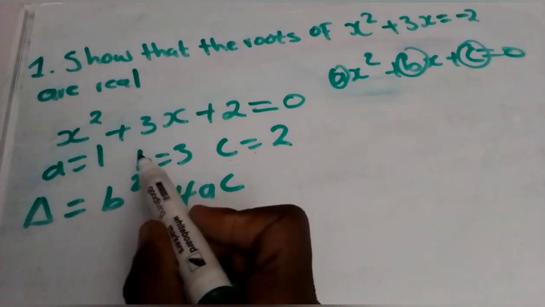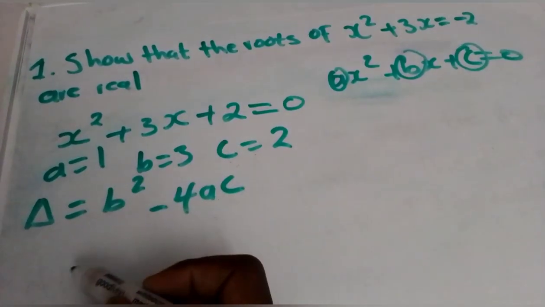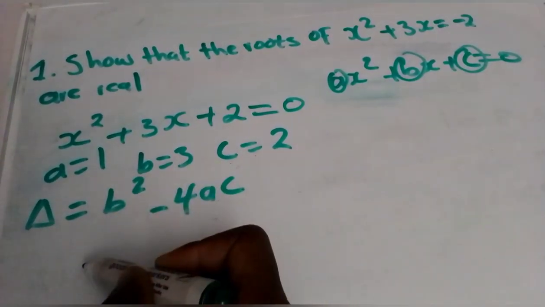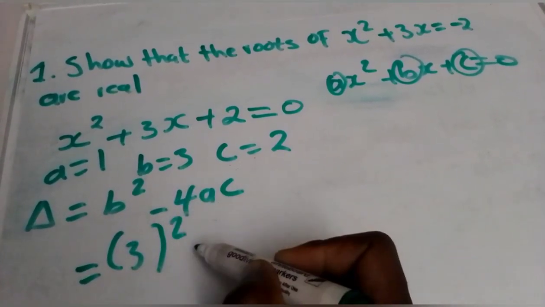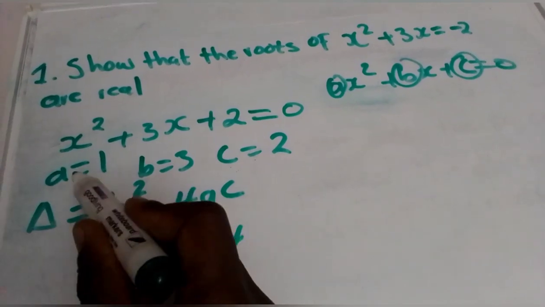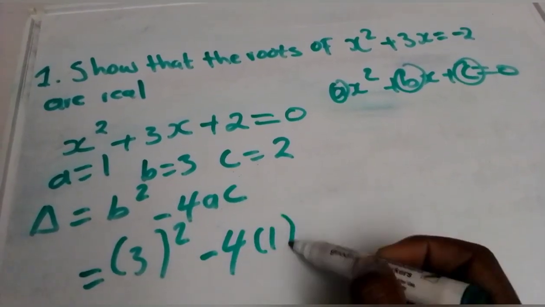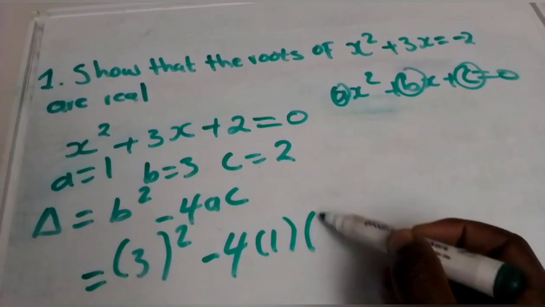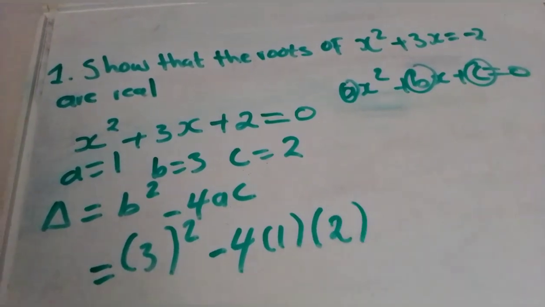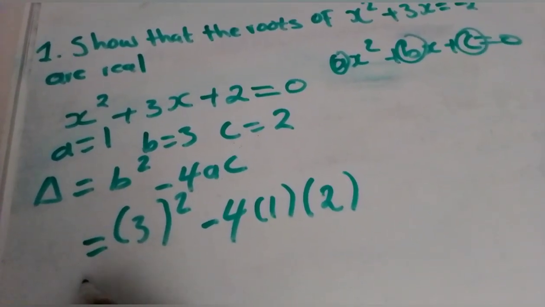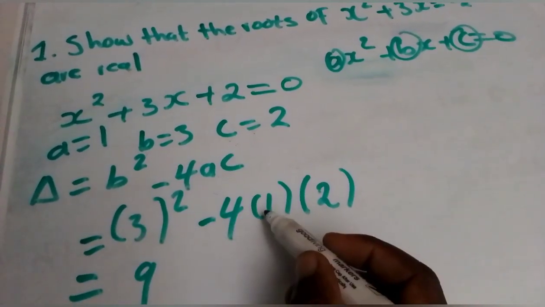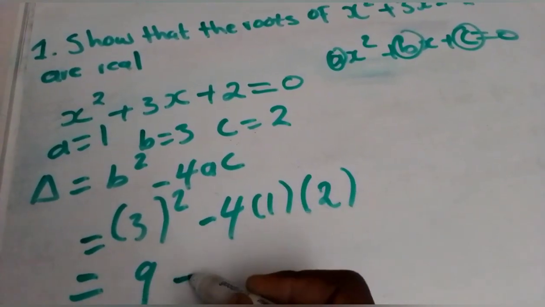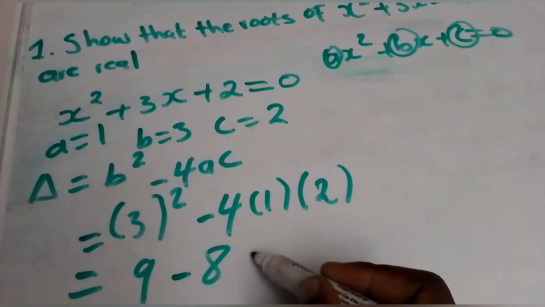Now you substitute them as they are. We get b as 3 squared minus 4, then the value of a is 1, and c is 2. Just use your calculator. Here we get 9 minus 4 times 1 times 2, which is minus 8.